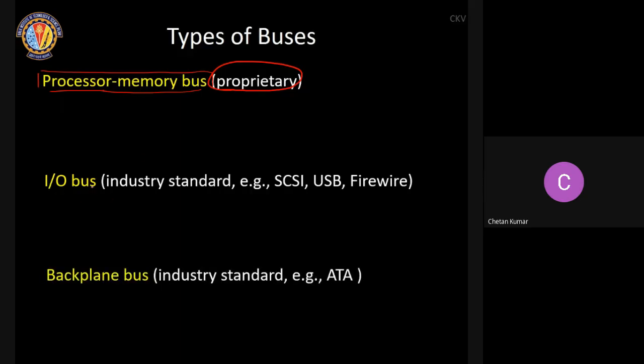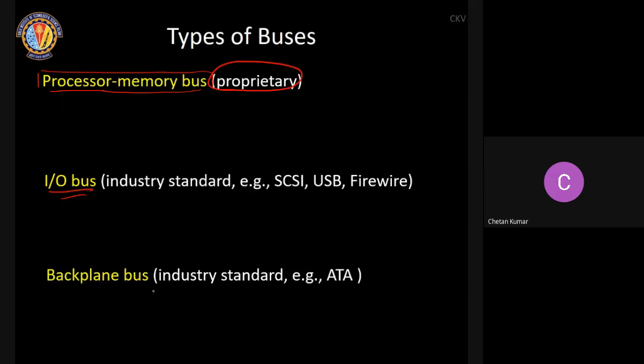But the IO bus is generic in nature, because it's not the processor companies which supply the IO. There are many third parties which supply the IOs. So you need industry standards so that different companies can produce different devices which satisfy the criteria for that particular IO.